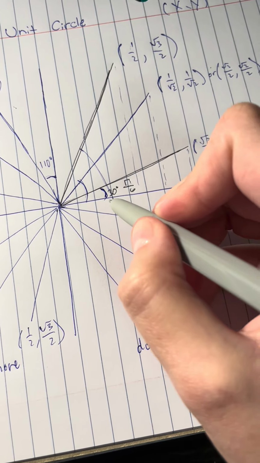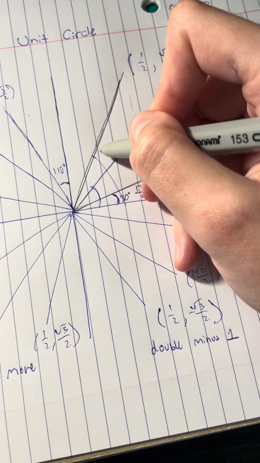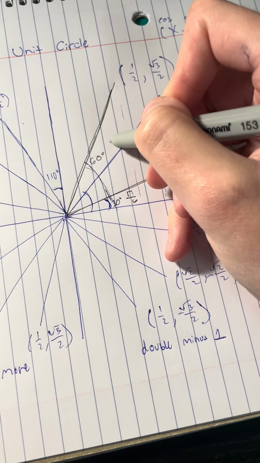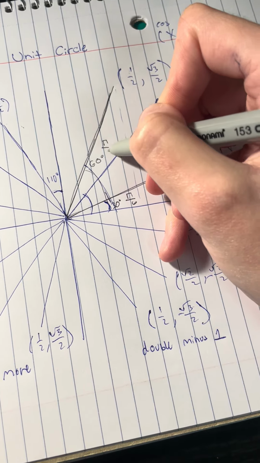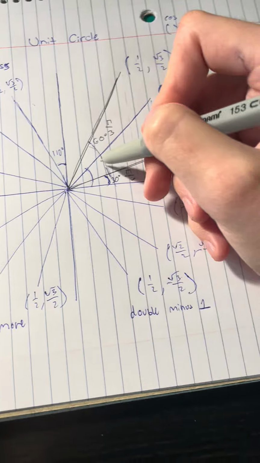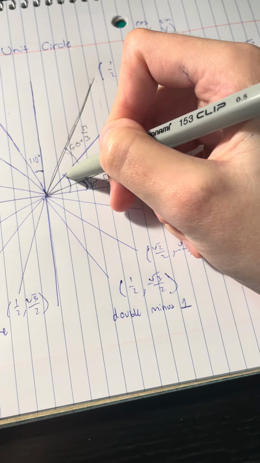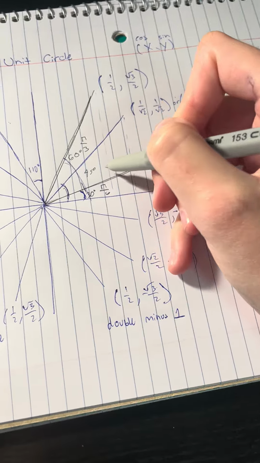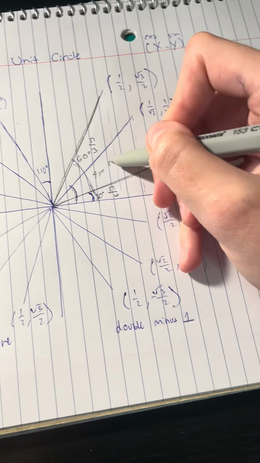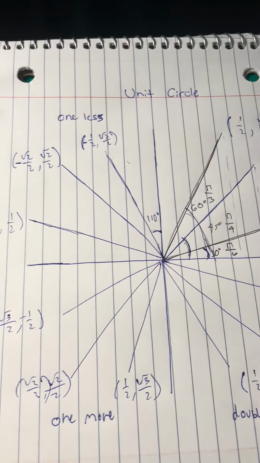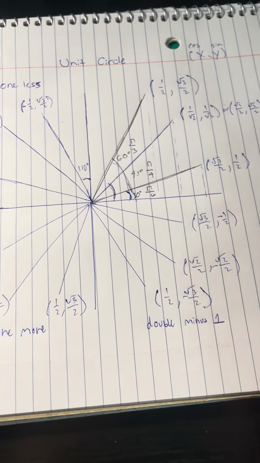This one's 30 degrees, and this one is 60 degrees, this big angle here, so that means it's going to be with a 3, pi over 3. And the 45 degrees is always going to be with a 4, so it's pi over 4. Okay, so this is the first quadrant.